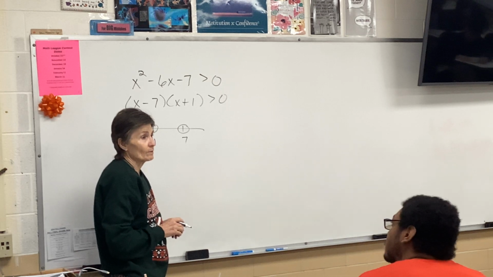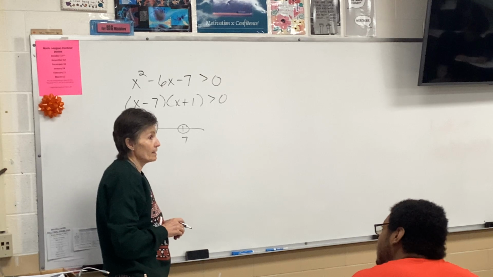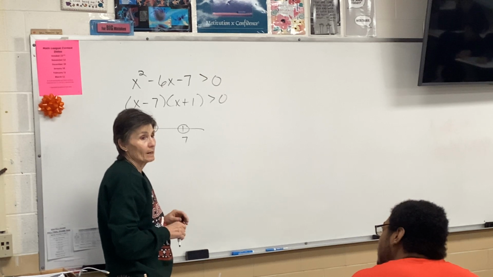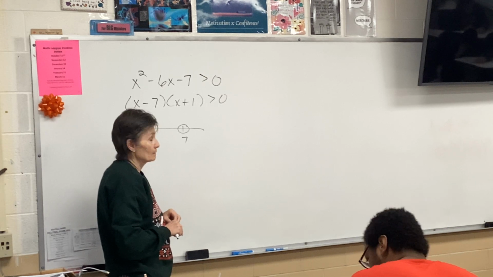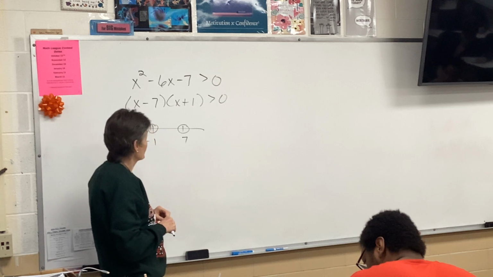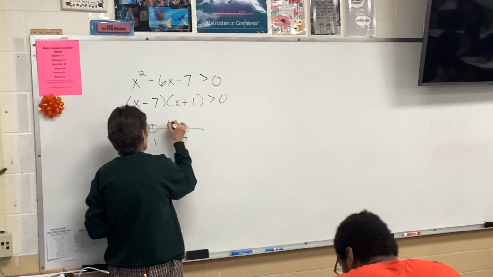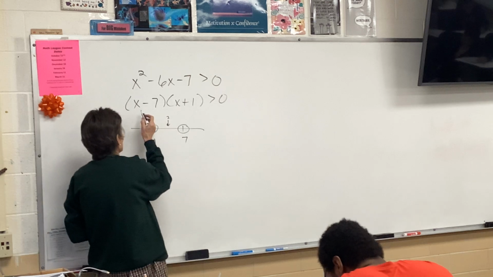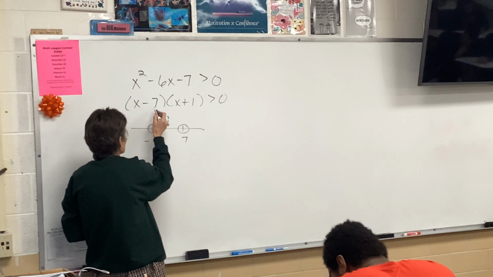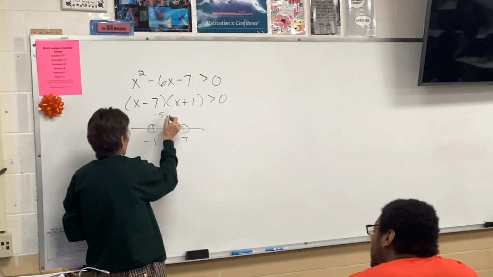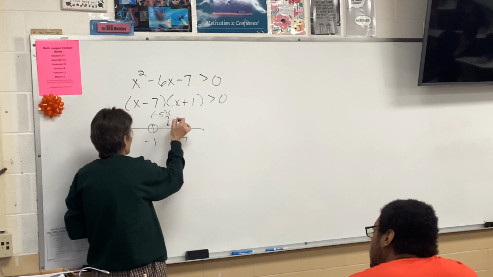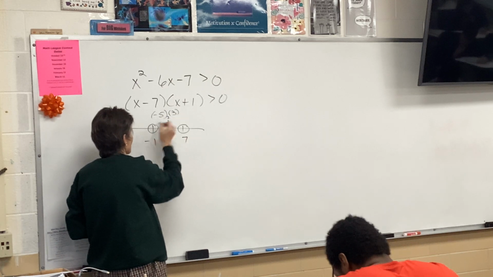And now I need to figure out where to shade. So I pick a number. 2. Choose a fine number, we'll pick 2. If I put in 2, I get 2 minus 7, which is -5, and I get 2 plus 1, which is 3.